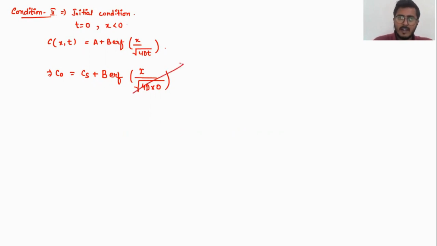Since x we have taken as a negative value, that is less than 0, this infinite is nothing but equal to minus infinite. As per the definition, the error function of minus infinite is nothing but equal to minus 1, right?